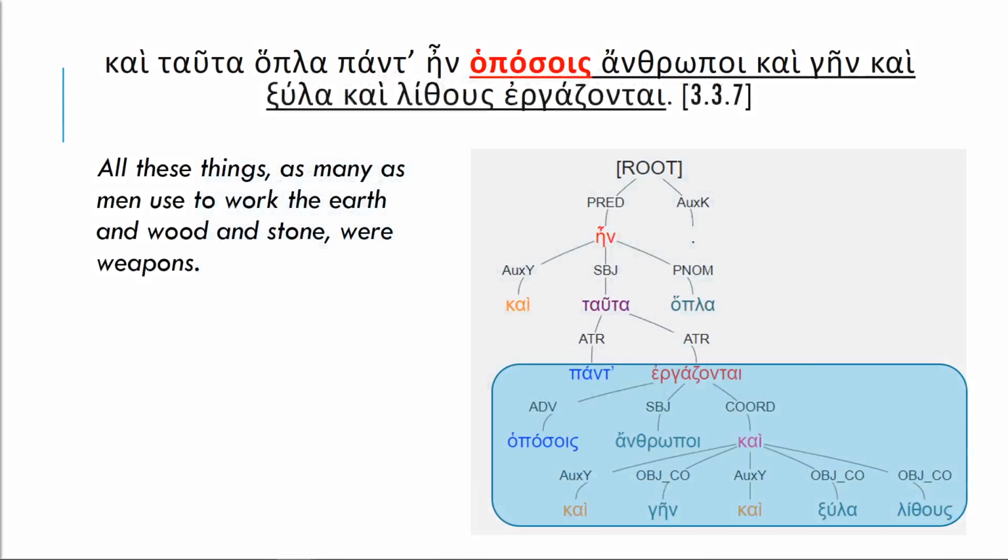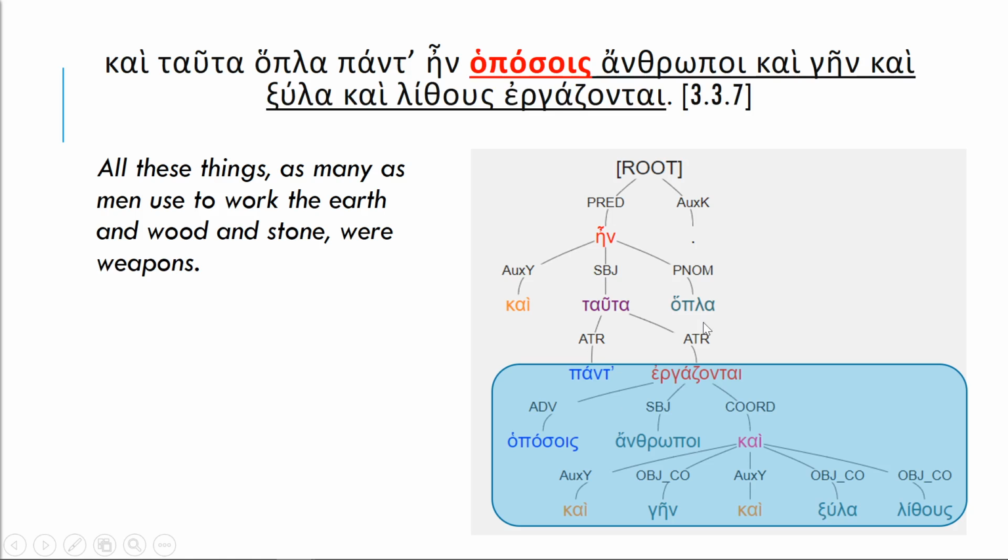So all these things, panta tauta, are weapons. Which things? We have hoposois in the dative. Men work by means of which things? The ground and wood and stone.